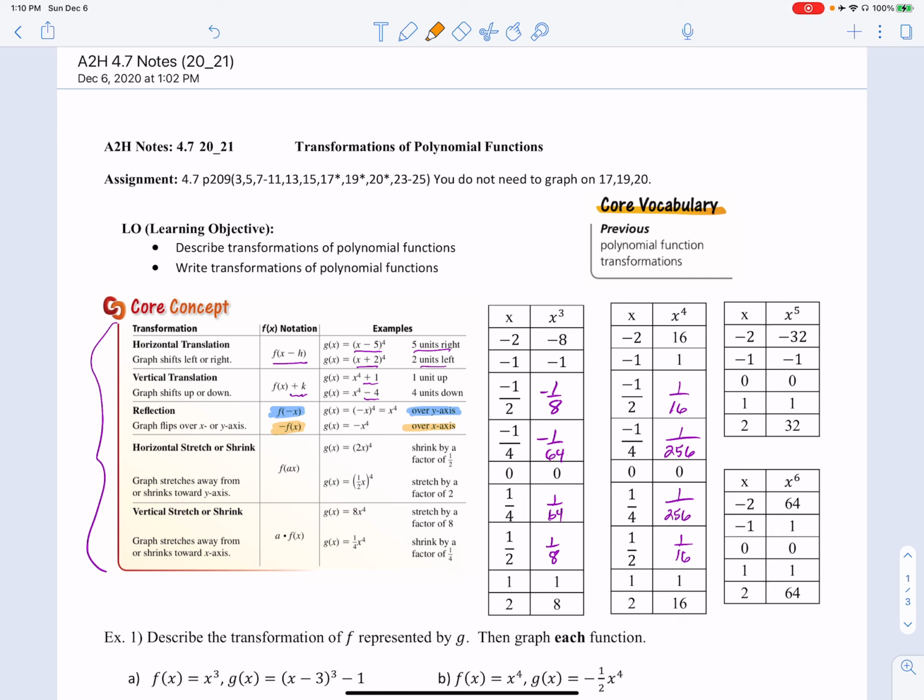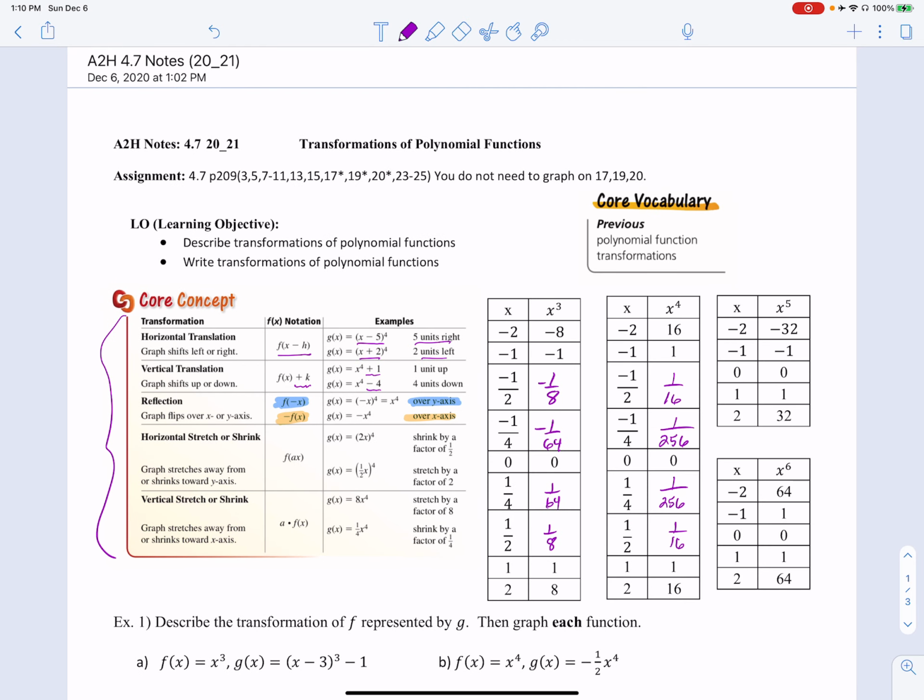And then we have horizontal stretches or shrinks. And when this happens, you see that the a is times the x inside the function. And these points shrink in towards the y-axis or away. So it is the x value that changes, and you end up multiplying the x values by 1 over a, by the reciprocal of a.